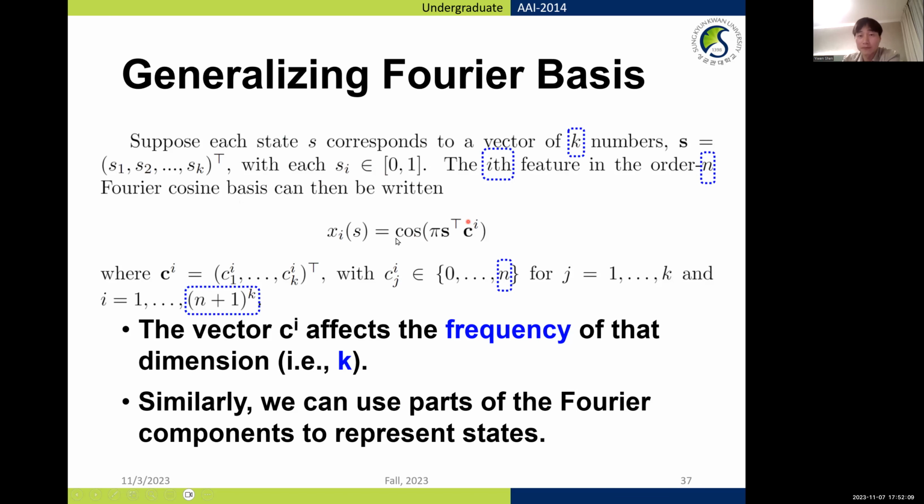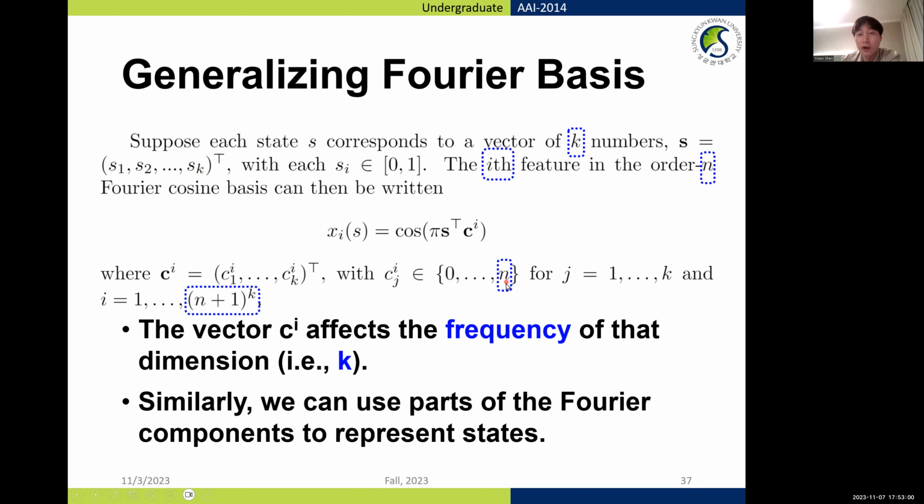We use this term to represent a particular feature based on the Fourier basis: cosine of pi s transpose times c_i. Here c_i is a vector, with each c_j^i multiplying the state spaces, to match the state spaces s_1 to s_k. Now c_j^i belongs to a set, and this order n depends on the maximum order it can have.